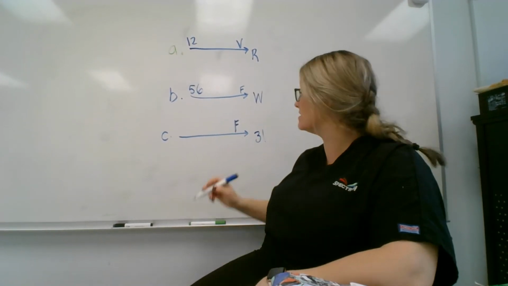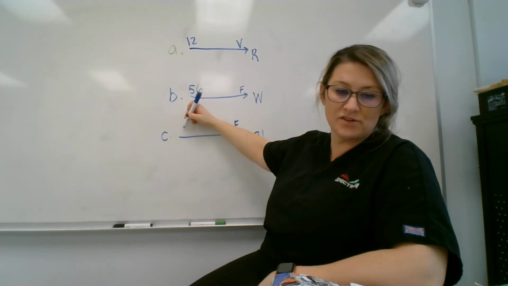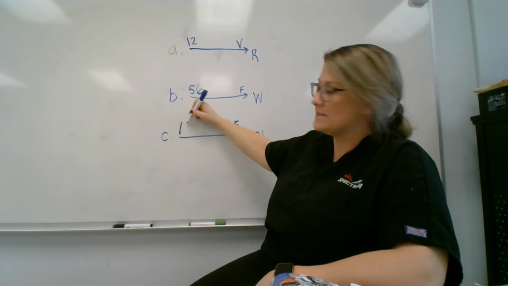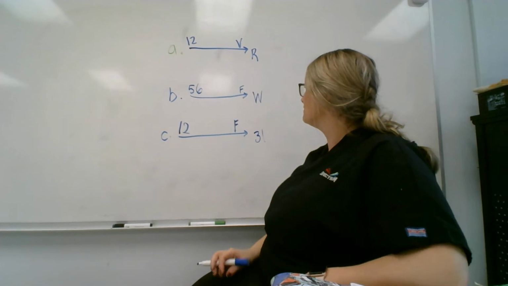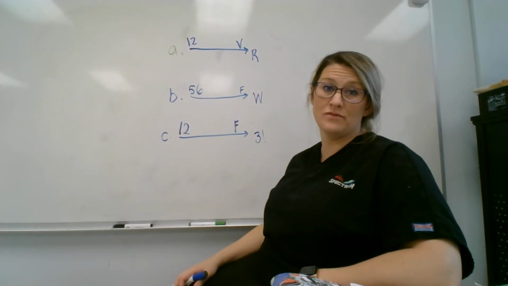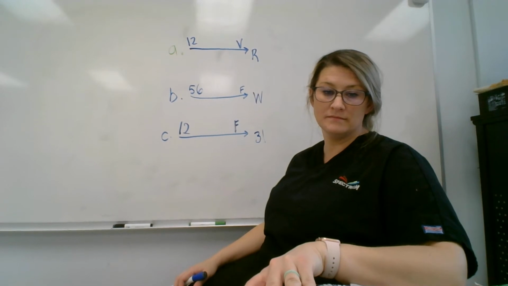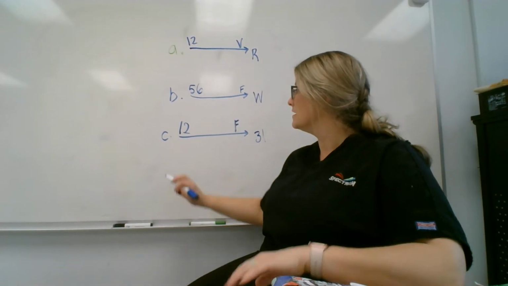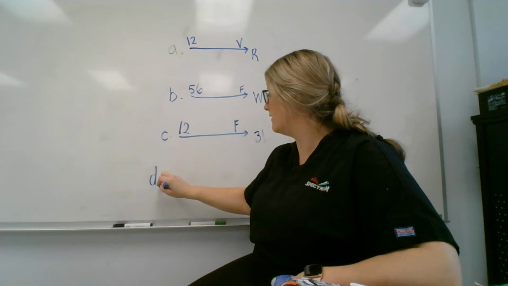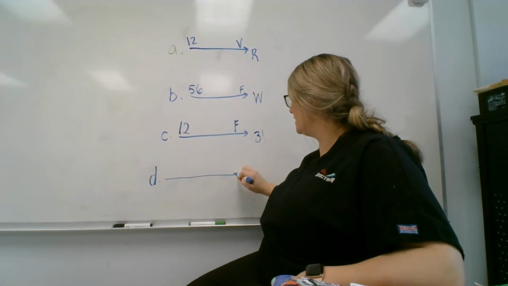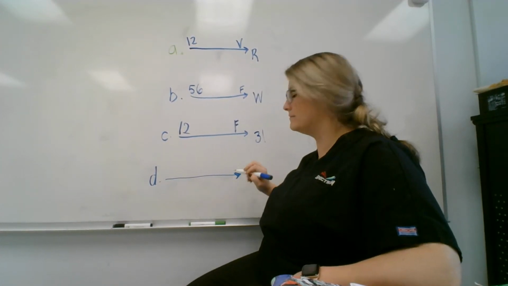Now I have to put the difference number in. The difference number that's circled in C is 12. So this one I actually can solve. D. Just plugging them in on the line where they go.